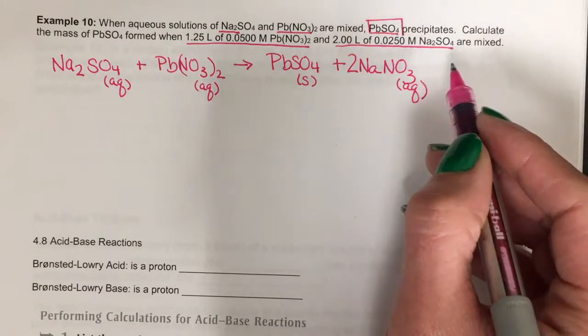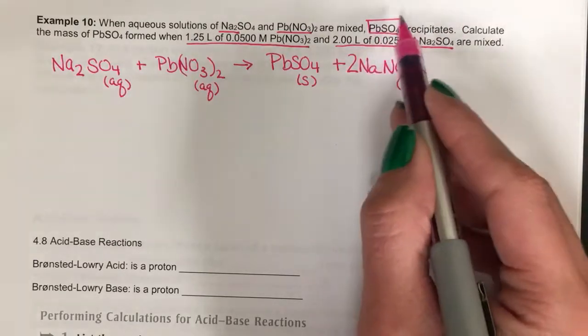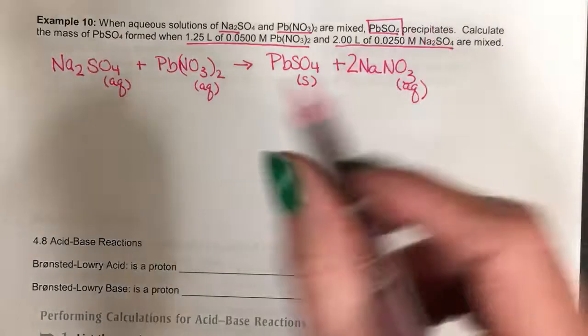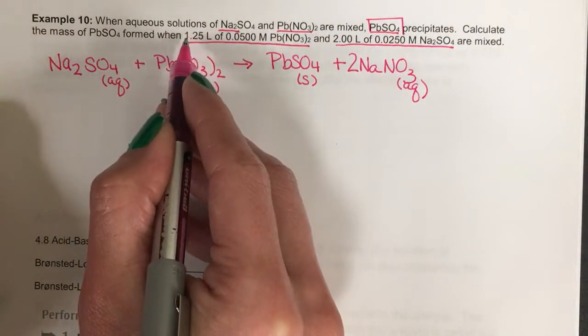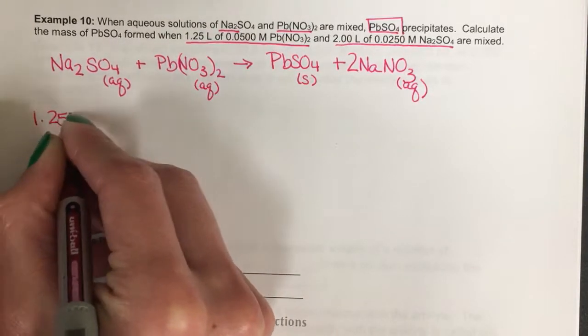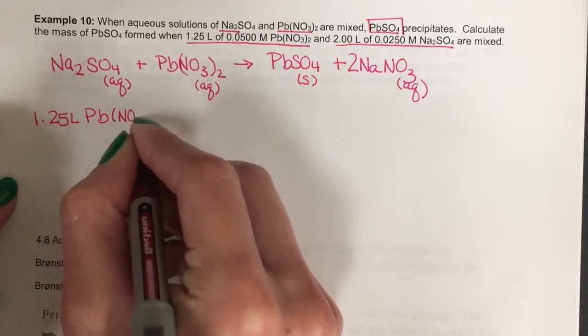I need to figure out which is my limiting reactant because that's going to limit the mass of PbSO4 that precipitates. So I'm going to start them the same way. I've got 1.25 liters of lead 2 nitrate.